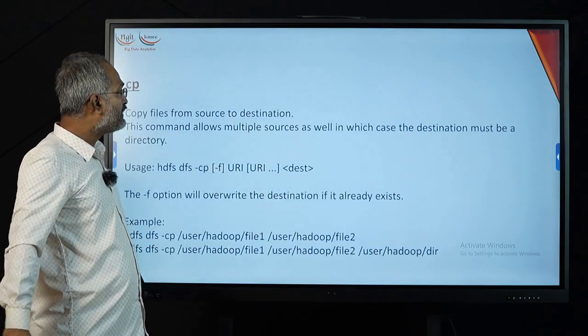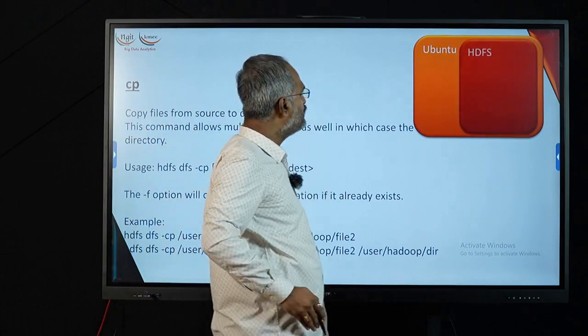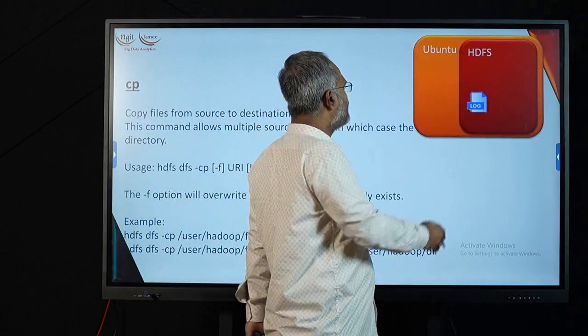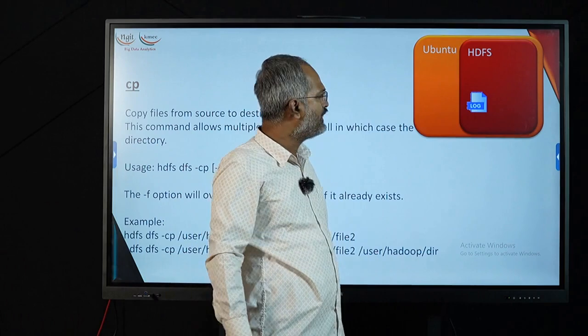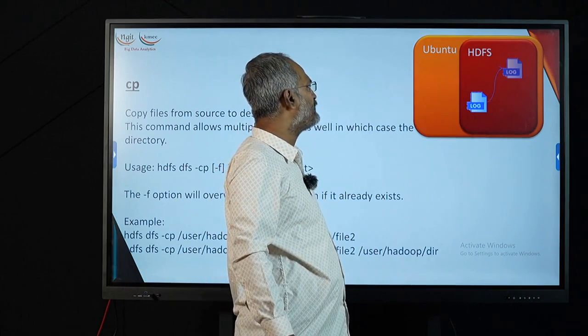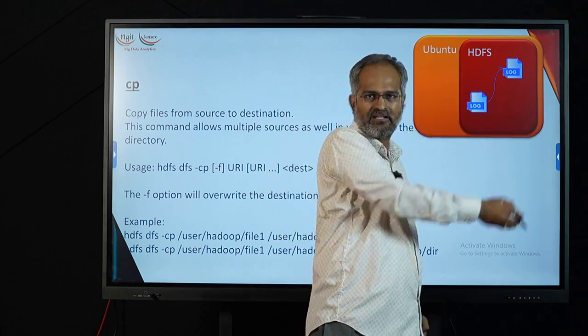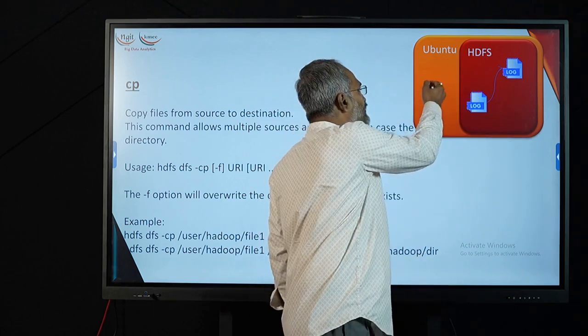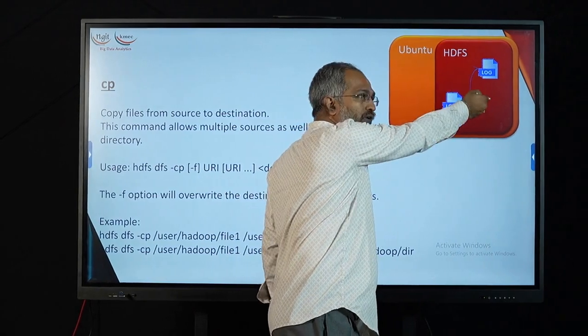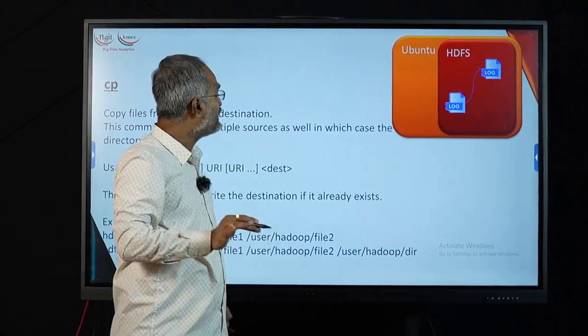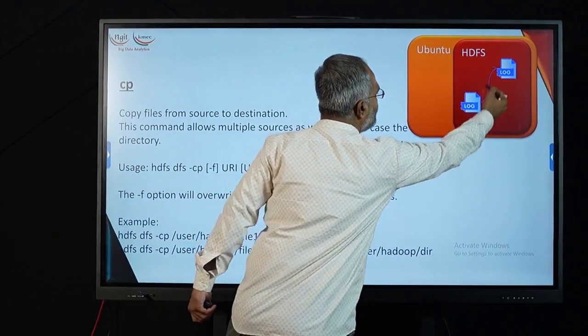And then cp. cp means, already I have the file in HDFS. In HDFS, I have a file in one directory, and I want to copy the same file into another directory inside the HDFS only. If you want to copy from Ubuntu, that is the local file system, onto HDFS, you can use the put. But here, I want to copy from HDFS to HDFS.